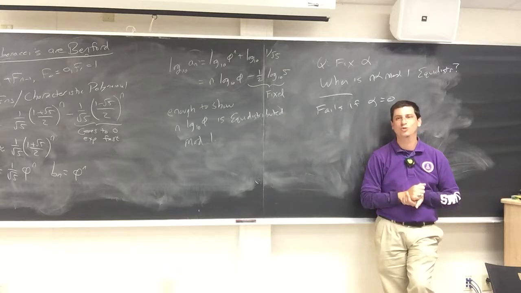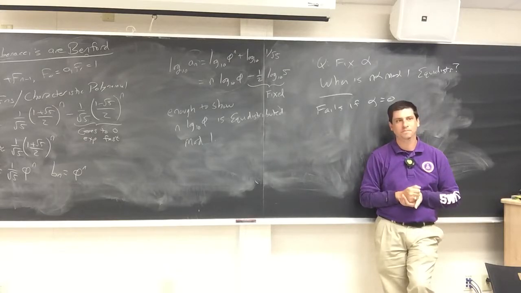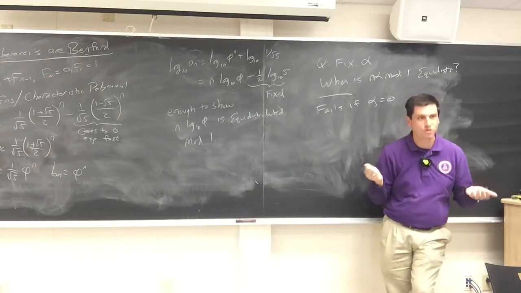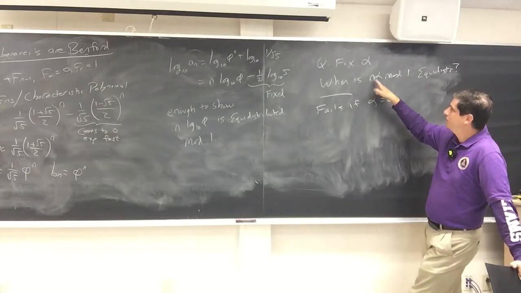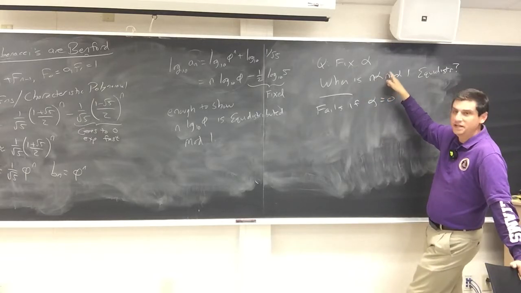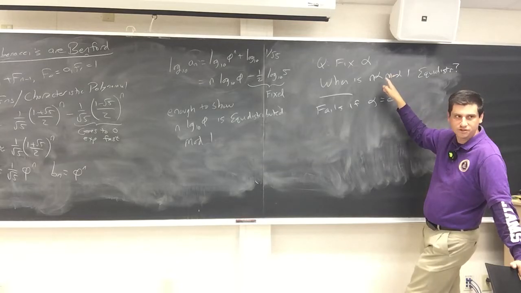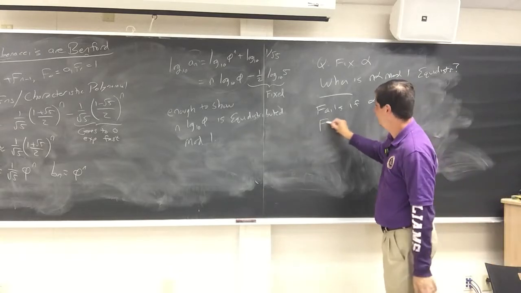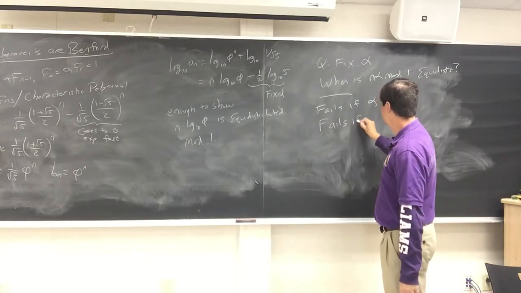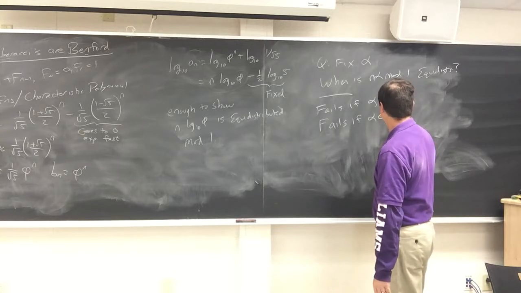There's something you should go to before 1 over n. What is equivalent to 0 mod 1? Integers. 1, 2, 3, 4, -1, -2, -3, -4. If I change alpha by an integer, then I change n alpha by an integer. And since I'm taking things mod 1, there's no change. So it fails if alpha is an integer.